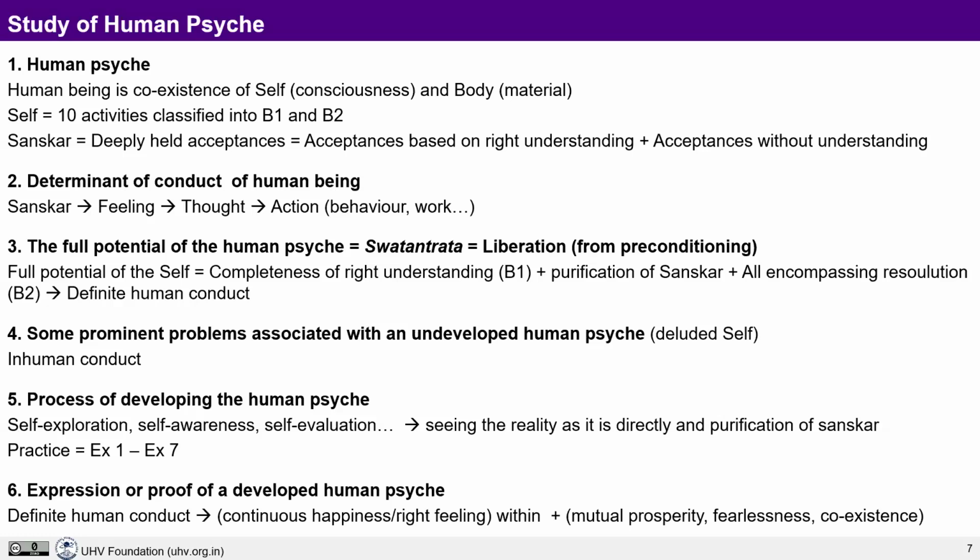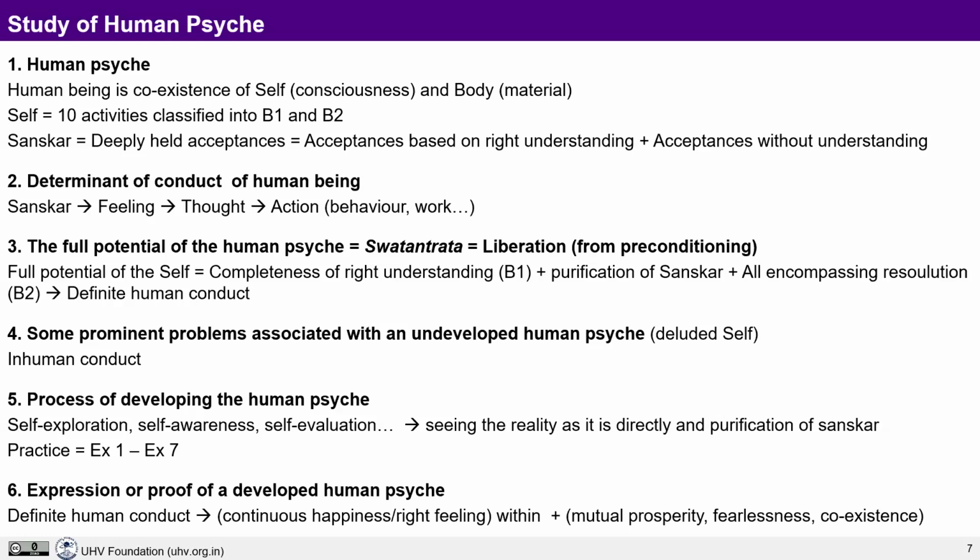So that could be one formulation of looking at things. Now, a similar kind of formulation has been developed by different psychologists across the world, across the ages. So, like what are the labels given to different kinds of inhuman conduct that we can look at? And then the process of developing the human psyche. So what we are proposing here is that there are three things to be done: self-exploration, self-awareness, and self-evaluation.